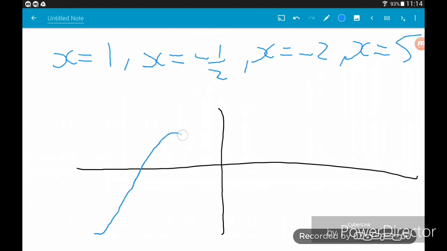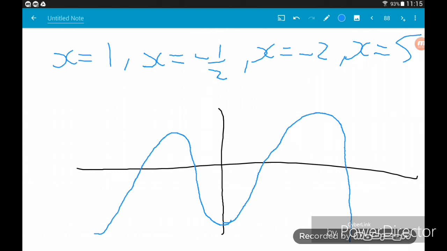We go back through at minus 1 half. Then we go through the y-axis at minus 10. We go back through the x-axis at positive 1. So something like this. And then again through x equals 5. So our graph looks something like that.